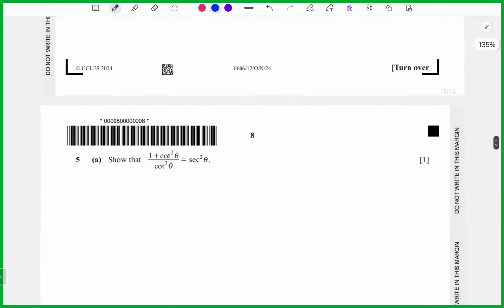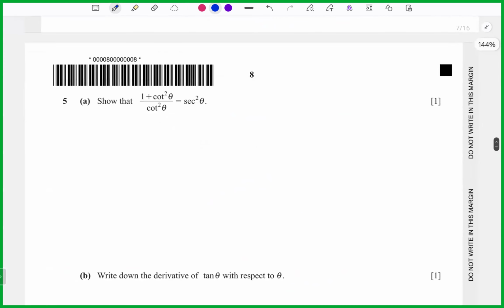So now we go to the next question, question 5. This is a trigonometric question. Show that (1 plus cot square theta) over cot square theta equals sec square theta. So how do we do it? Let's try. Left hand side equals 1 plus cot square theta over cot square theta, equals 1 over cot square theta plus 1.